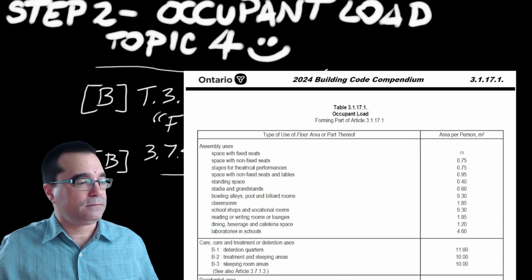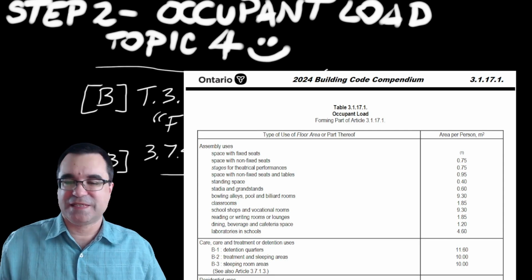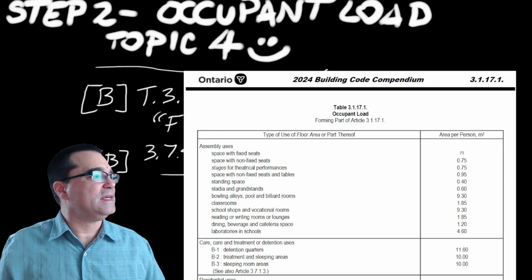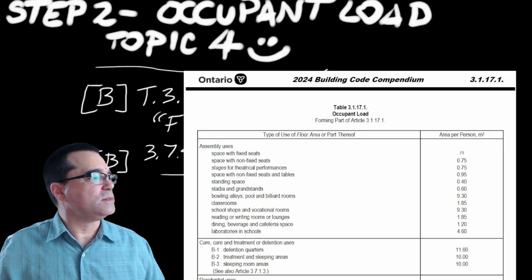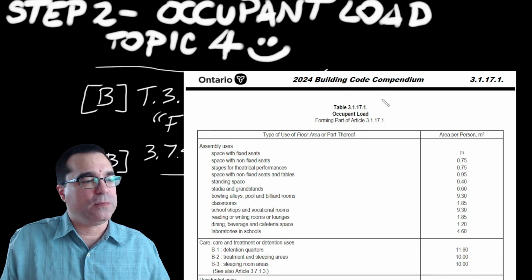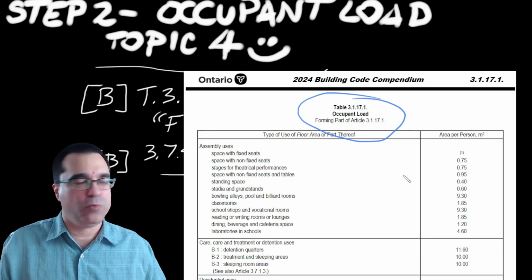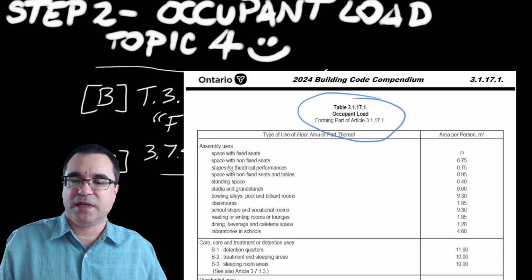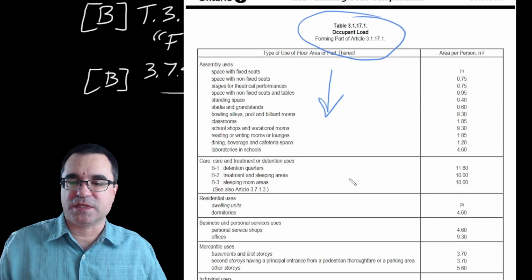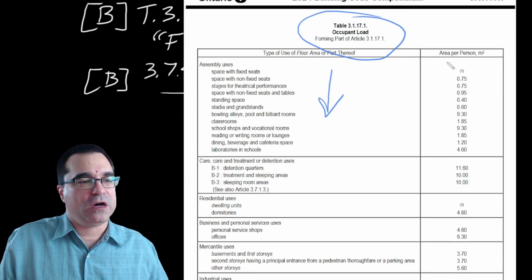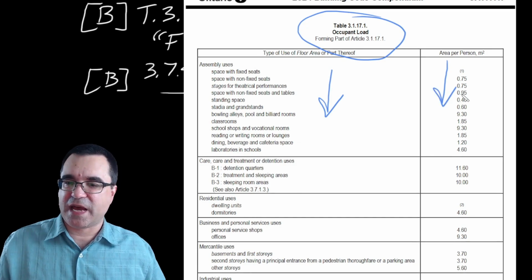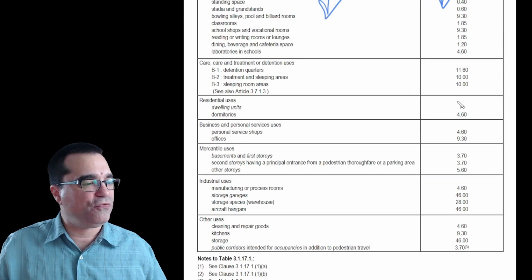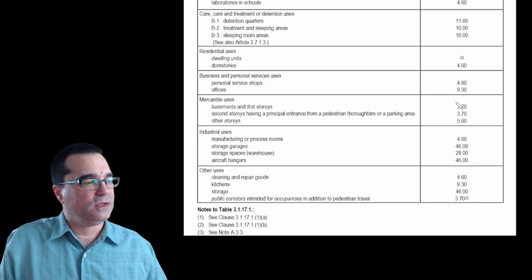Okay. So what this table is, if you remember, is, I'm going to show this maybe in blue, like this. So this table here, table 3.1.17.1, is a table that contains occupancies in this half, all major occupancies, and then occupant load factors in this half, okay? So we go and find where industrial major occupancies are, which are right here.